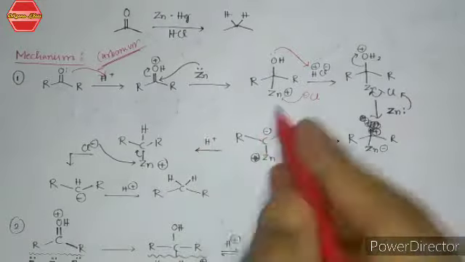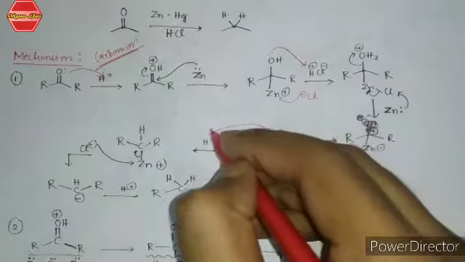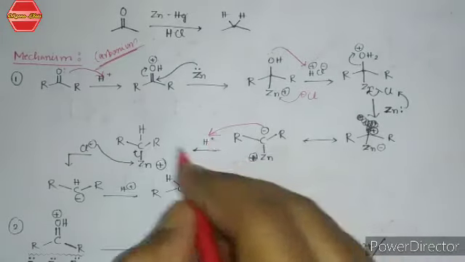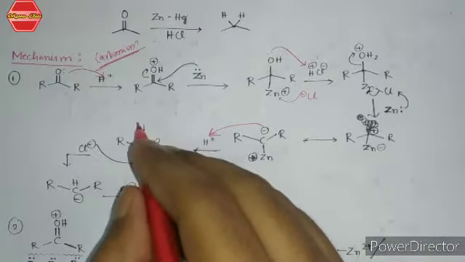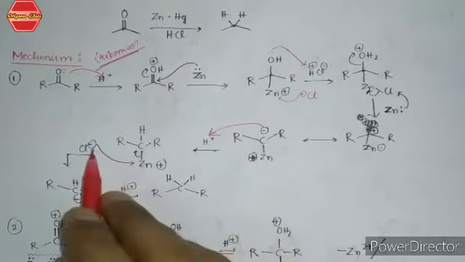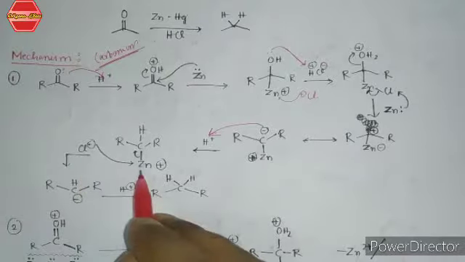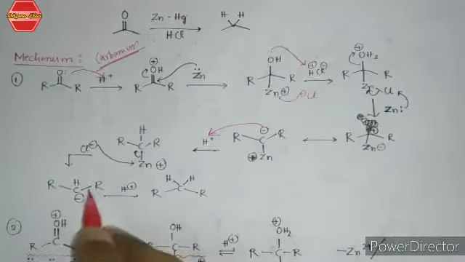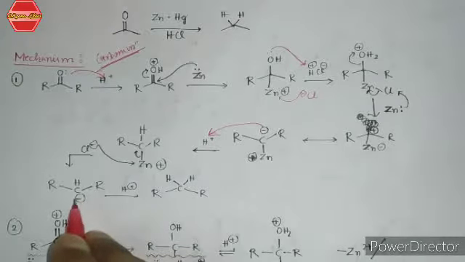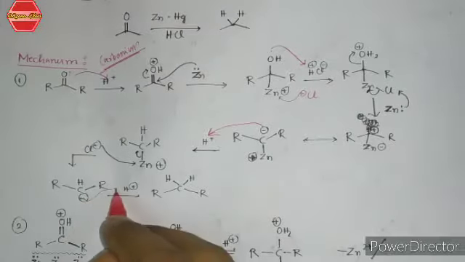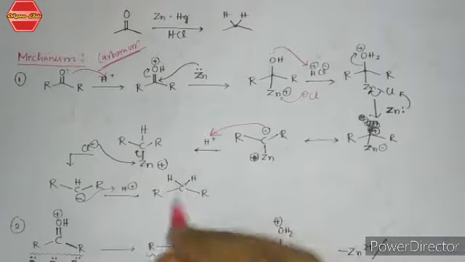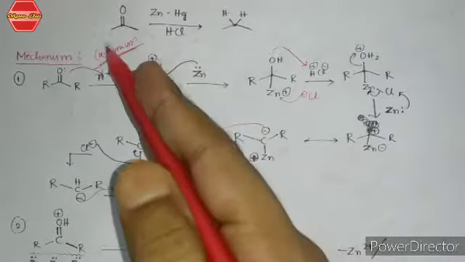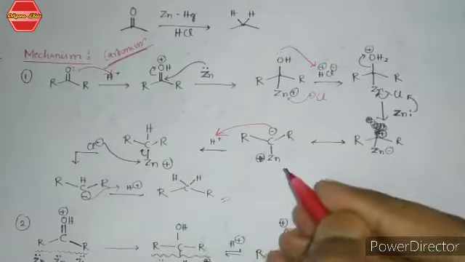This negative charge takes a proton from your source, and this free Cl minus attacks the zinc, and these bonds will cleave. After the cleavage of this bond, there is a negative charge over carbon, and this carbon takes a proton from here, and now finally you get the reduced product of this ketone. Okay, so this is how the reaction proceeds.